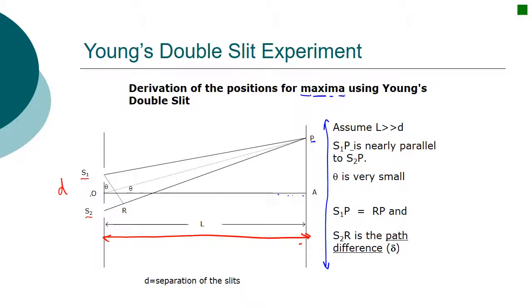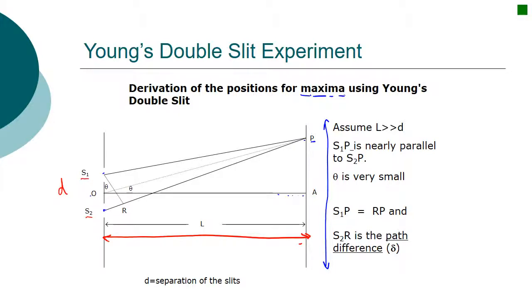The wave coming from slit 1 all the way to point P is slit 1's light, and the one coming from slit 2 is meeting up at point P as well.